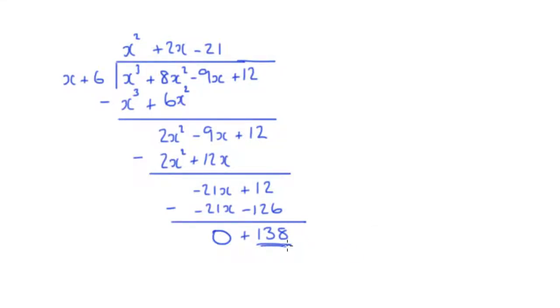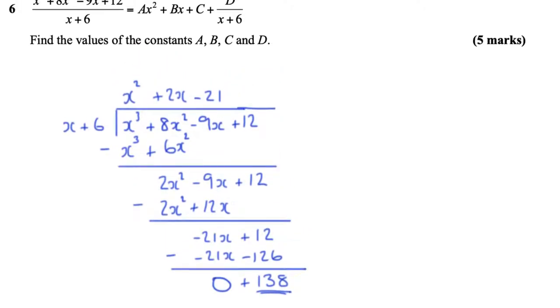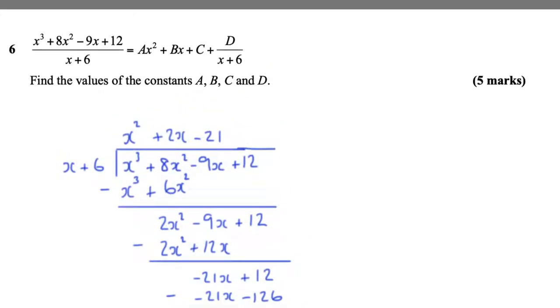I know I'm finished because this power, which is x to 0, is smaller than this one. Okay, so that's how you know to stop. The final answer is then the quotient which we have up here, and notice that's in this form, plus, and d is always the remainder.